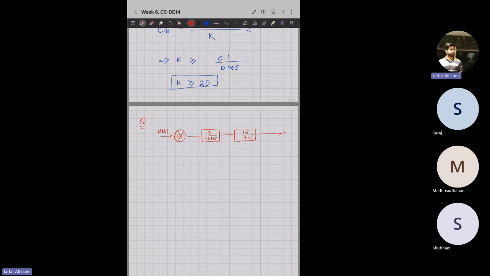This is your output, y(t), and you have a unity feedback. Perfect. So you are given this system, and I'm applying a unit step. Okay, unit step is applied.